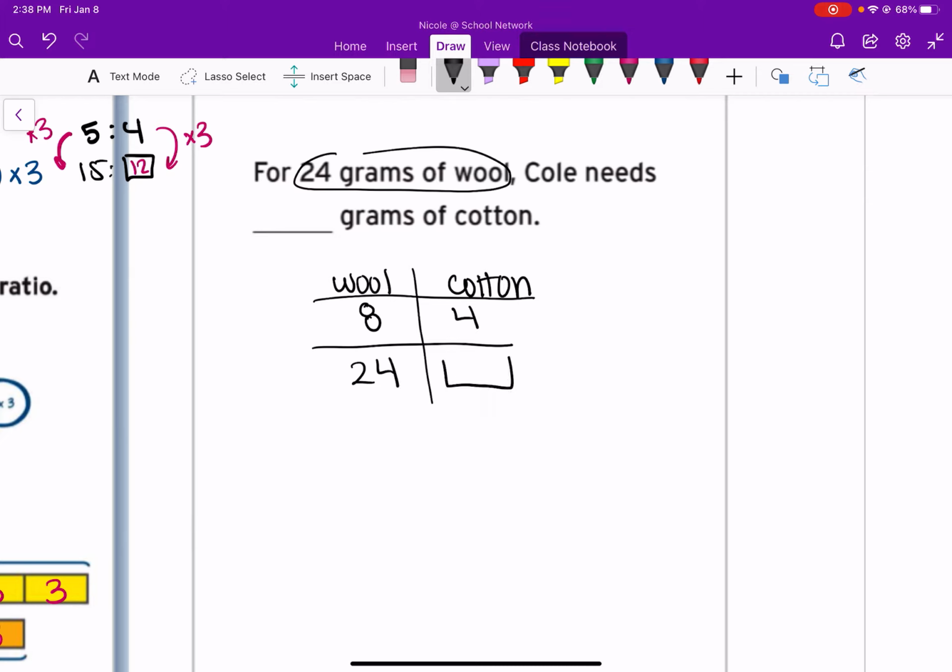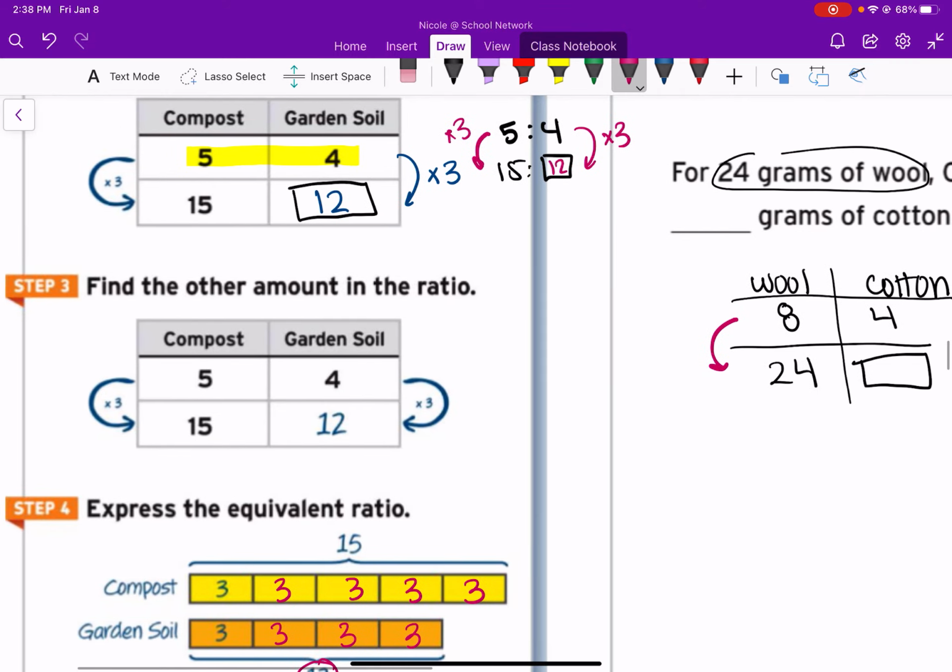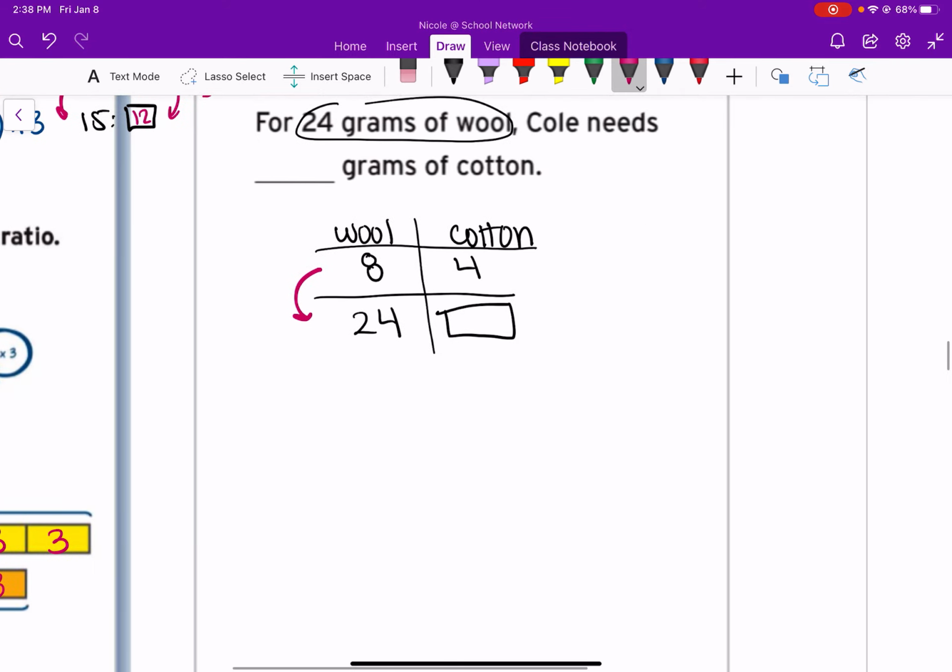And then how many cotton? So now we find the multiplier. That's what it's called. So 8 times 3, this is our multiplier. 4 times 3, that's 12. So if he has 24 grams of wool, he will need 12 grams of cotton.